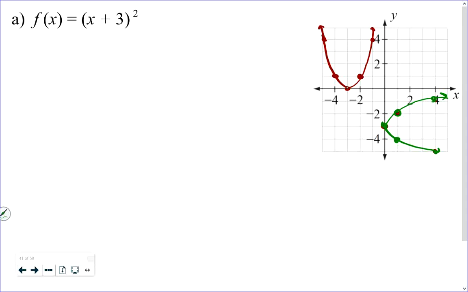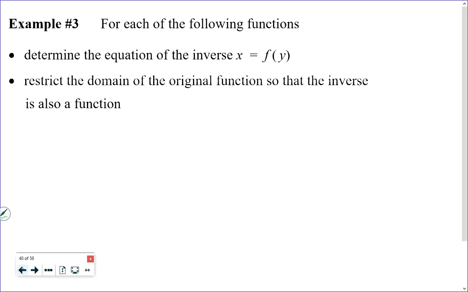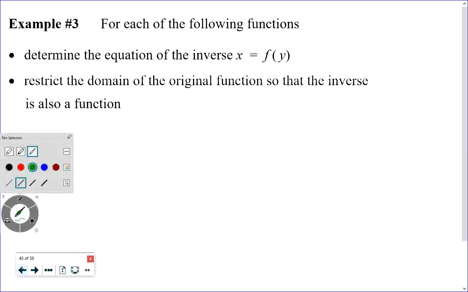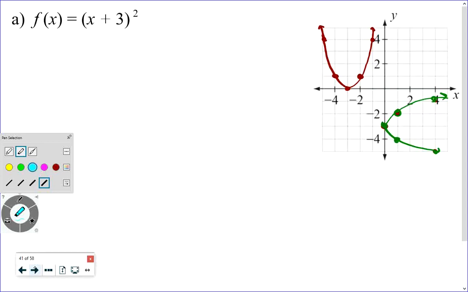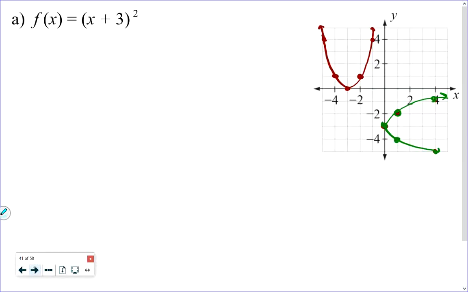When I say restrict the domain of the original so that we get a function, I'm saying this. If we reflect the whole function in this line, y equals x, we do not get a function. Can we just get away with reflecting part of the original so that we will get a function?